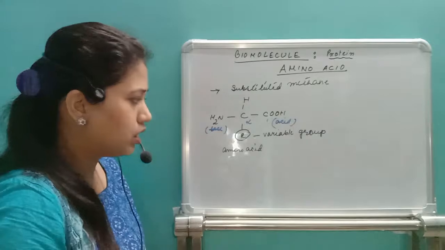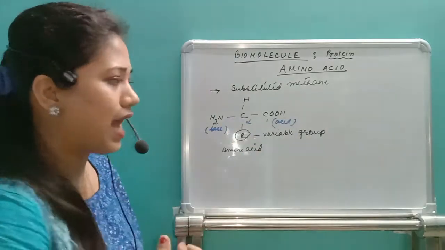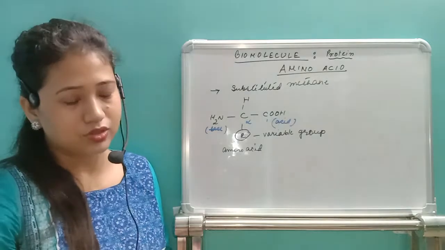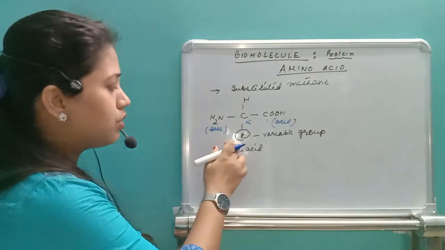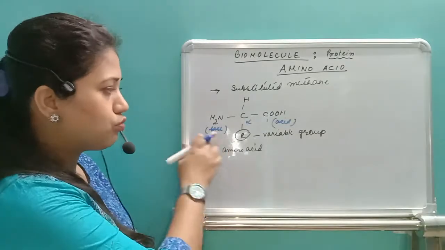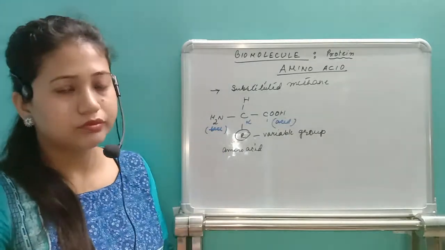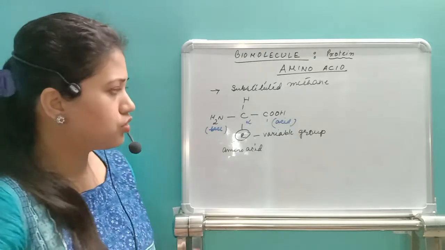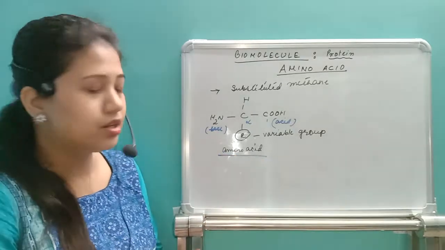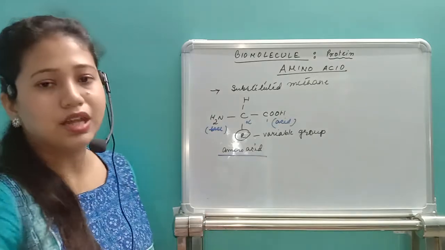If in this R we add one acid, then there will be two acids, so this will be an acidic amino acid. If in this variable group R region we have another base, then there will be two bases and we will have a basic amino acid. So this is the general structure of an amino acid, right? Remember this, what is an amino acid?